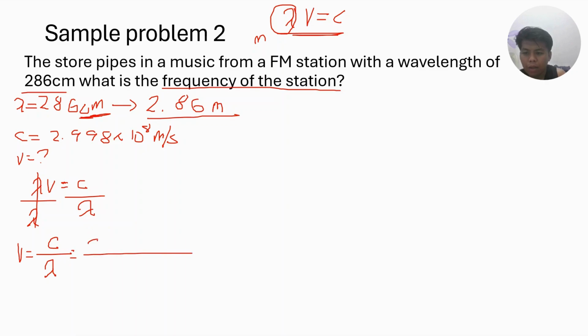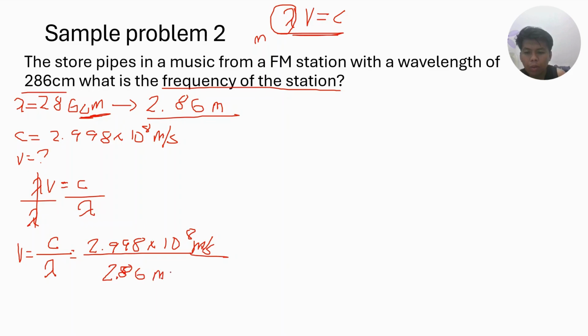The speed of light is 2.998 times 10 raised to the power of 8 meters per second, and our wavelength is 2.86 meters.